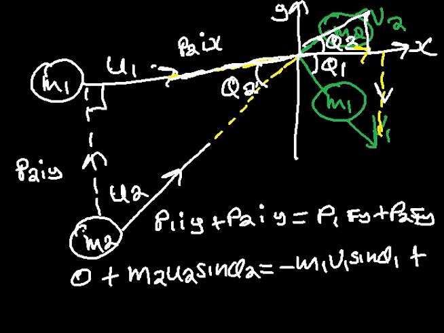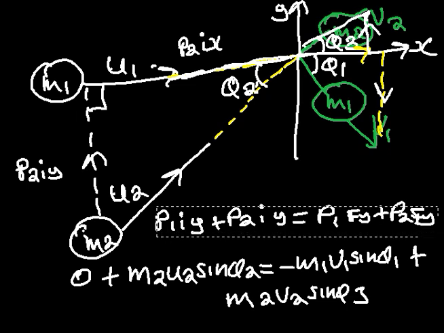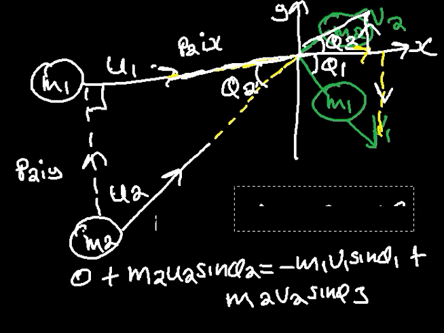And likewise the final momentum along y for object 2 is going towards the positive direction, so we'll have m2 v2 sin theta 3. So this is the formula we have to use along the y-axis, the momentum conservation along the y-axis.